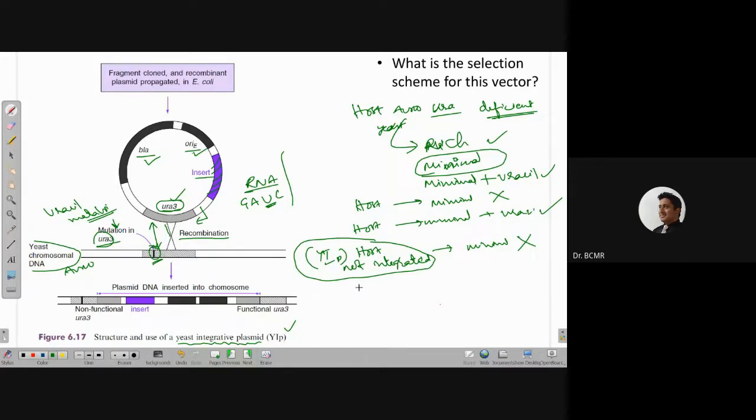And there is one more thing you have to remember: there is no origin of replication for yeast. We did not put that in this vector.